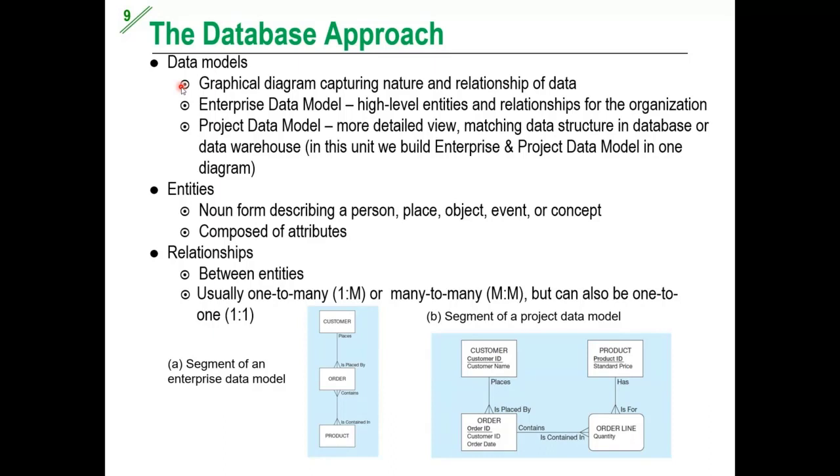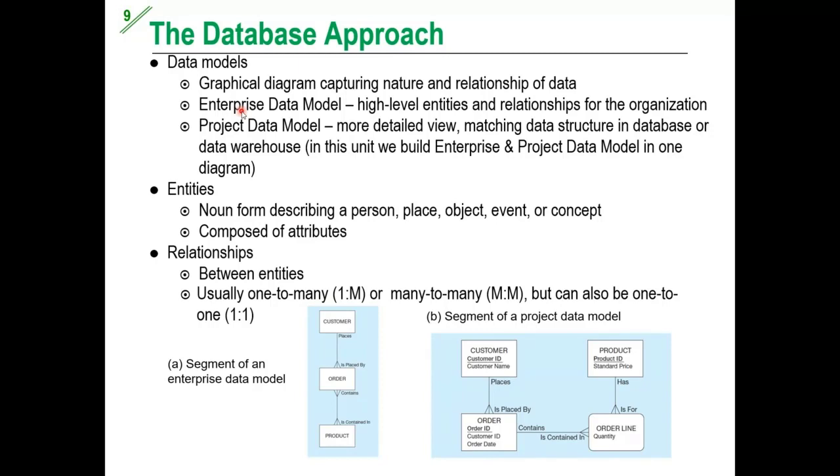When it comes to data models, we can categorize them into basically two types. The first type is called the enterprise data model, and the second type is called the project data model. First, we need a broader view of the context in which we are going to build this database.